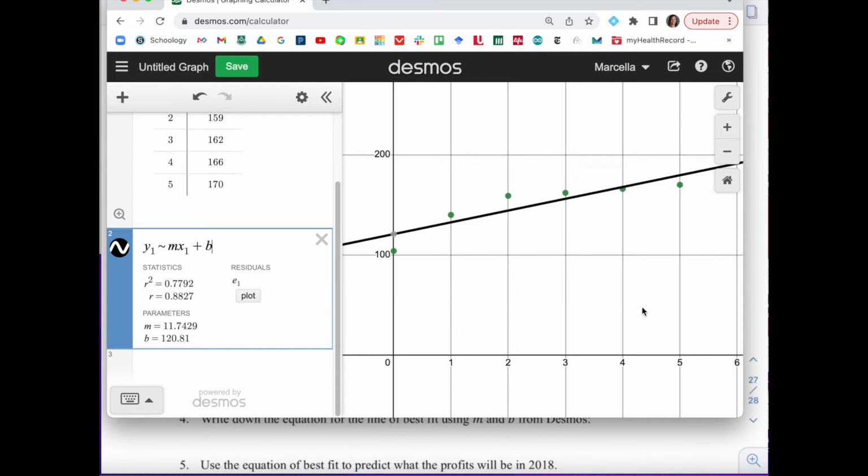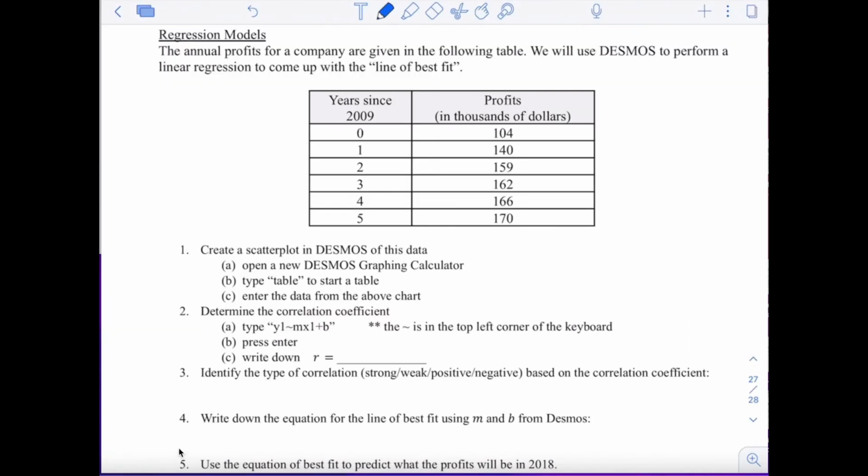And as you can see, it's not perfect, so I wouldn't expect a perfect correlation. So luckily, Desmos actually gives me the correlation coefficient, so it calculates it itself. So I can see for this one, R is pretty strong. It's 0.8827. So let's go back to our note.